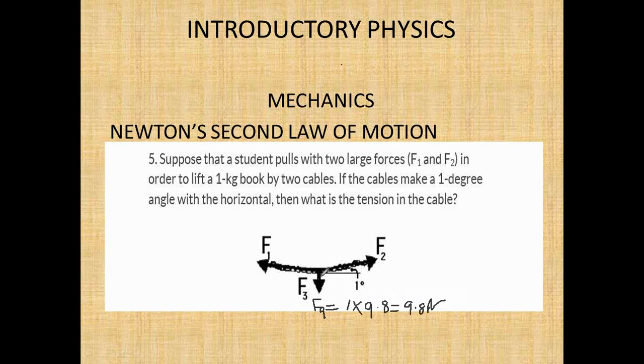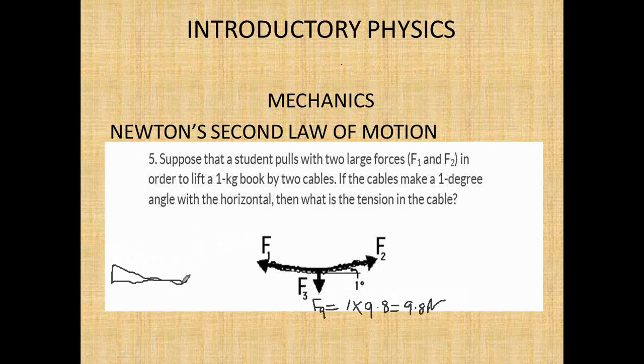So the tension is like that. Okay, so if we complete this triangle, we're going to resolve that tension into its horizontal and its vertical component. Just imagine that this is a triangle. This is the vertical component. This is the tension.